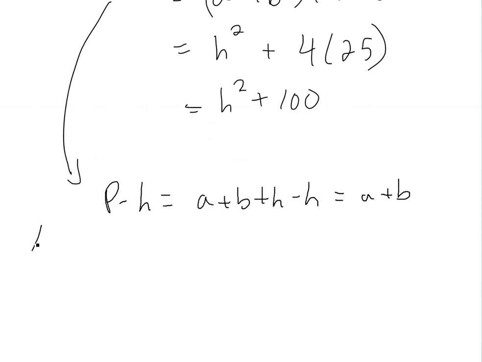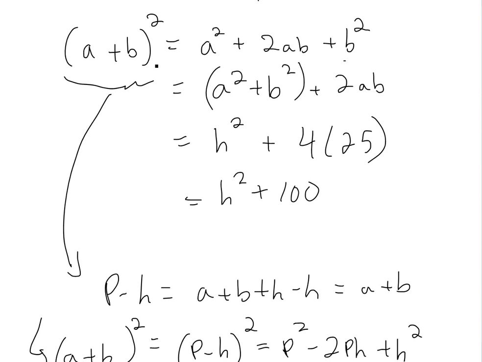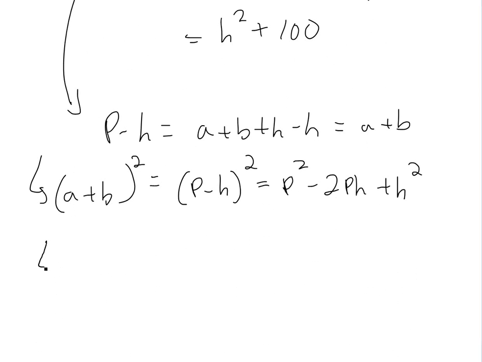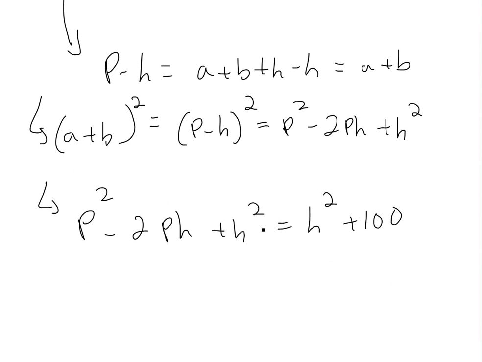If we square this, a plus b squared is equal to p minus h squared, and if we FOIL this out, we get p squared minus 2ph plus h squared. Now we have two expressions for a plus b squared, so we set them equal to each other: p squared minus 2ph plus h squared is equal to h squared plus 100.